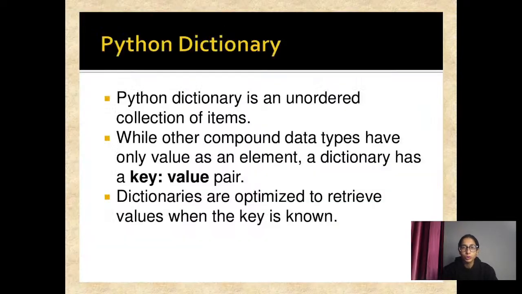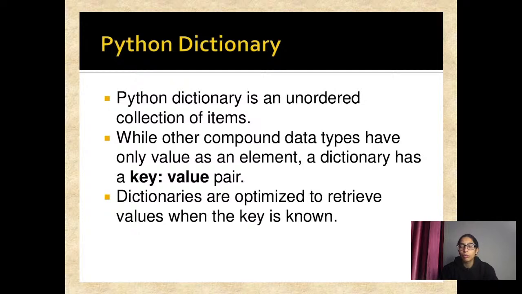Now, a Python dictionary is an unordered collection of data values, used to store data values like a map, which, unlike other data types that hold only a single value as an element, holds a pair. Each dictionary has a key and a value, and it is important to provide both.